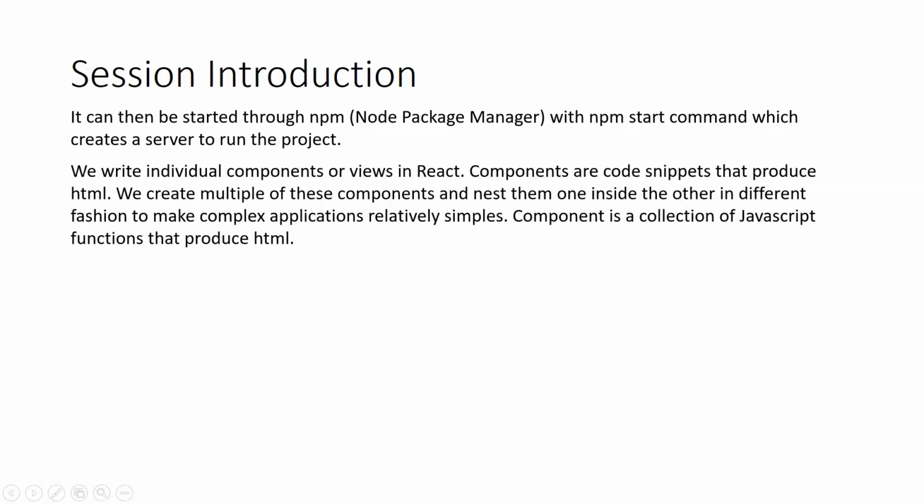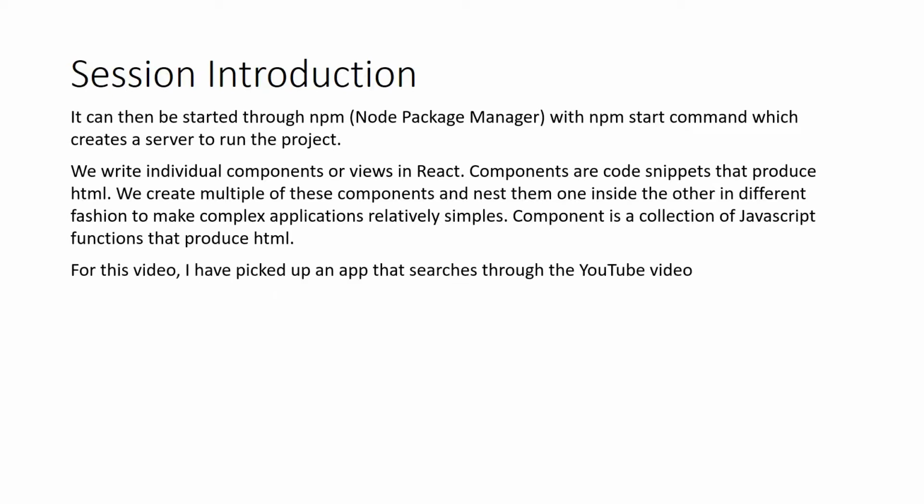Let's continue. We write components in our views in React. The components are code snippets that produce HTML. We create multiple of these components and nest them one inside the other in different fashion to make complex applications relatively simple. A component is a collection of JavaScript functions that produce HTML.